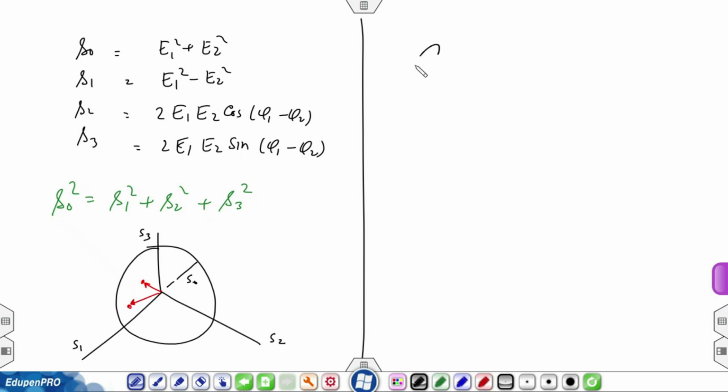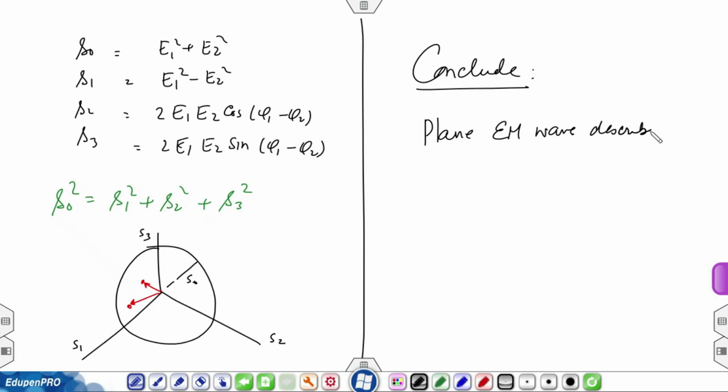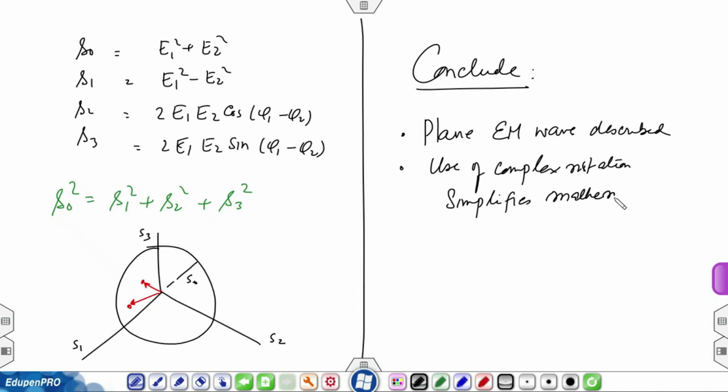So, to conclude this lecture, it is more of a review of whatever you have learnt in your BSc and MSc: plane EM waves are described using complex notation, which simplifies mathematical manipulations.